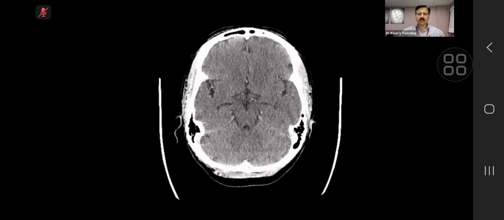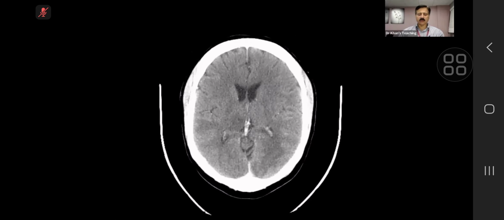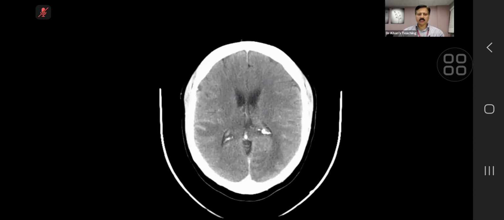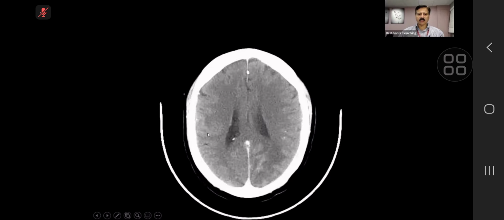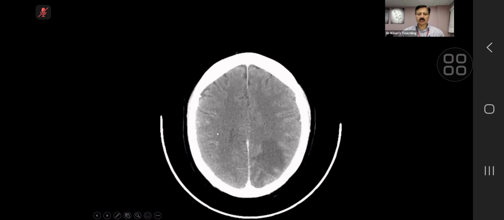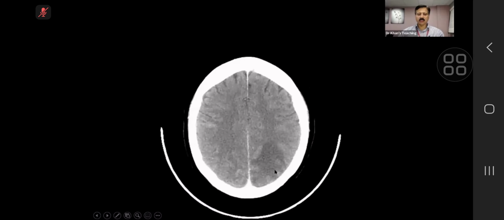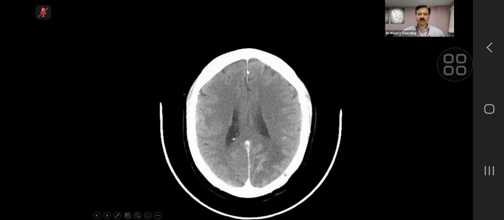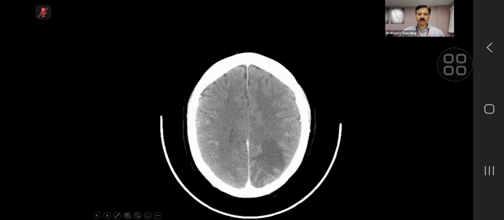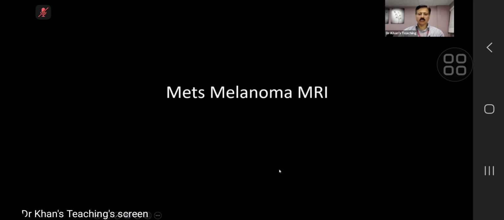So we did a pre-contrast as well as contrast. I don't have the pre-contrast with me. Having said that, if you see here, on a CT scan, there is a bit of leptomeningeal enhancement here. Leptomeningeal enhancement on a CT scan is more difficult to pick up than on an MR. Then there is some edema here, and one can argue that there is a bit of enhancement in this region also. So these are the findings.